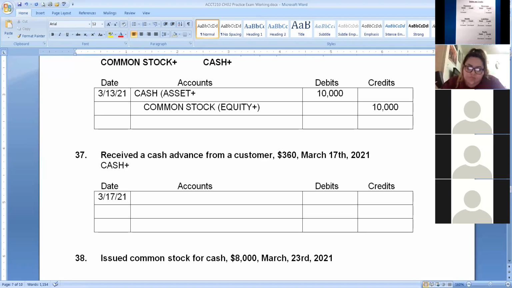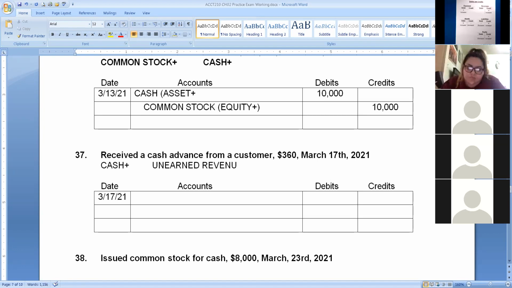So this is when a customer pays us ahead of time. Would this be a liability? It would be, yeah, absolutely. This is unearned revenue. Yep. Perfect.